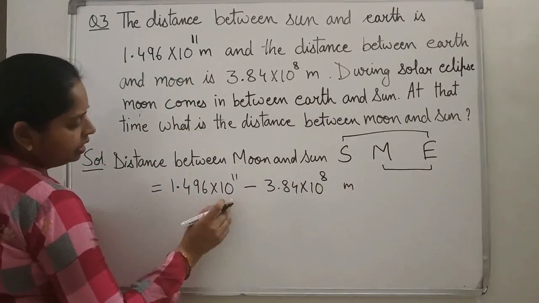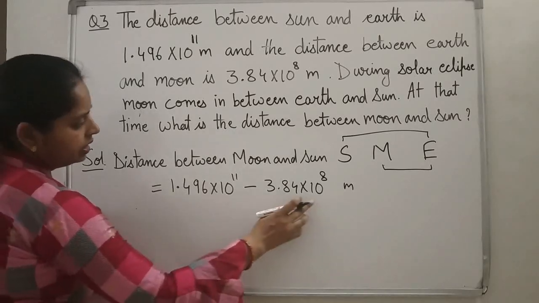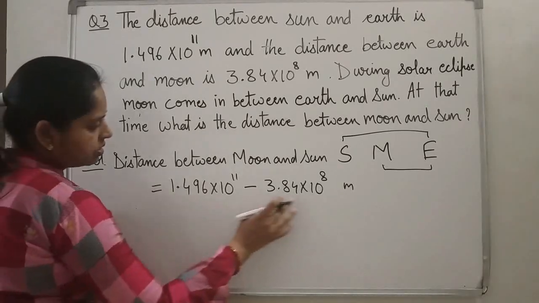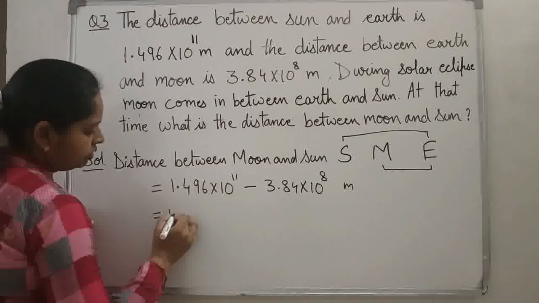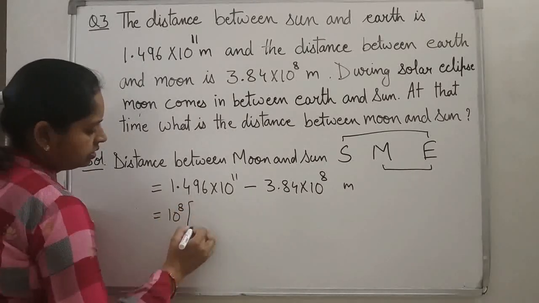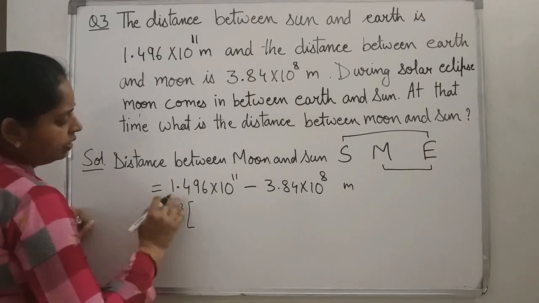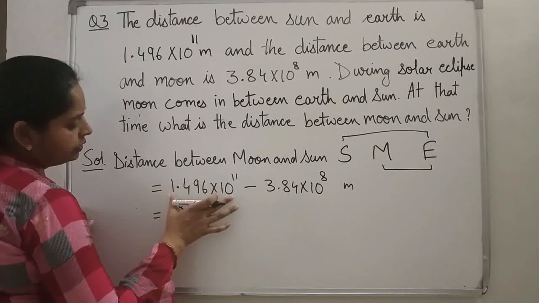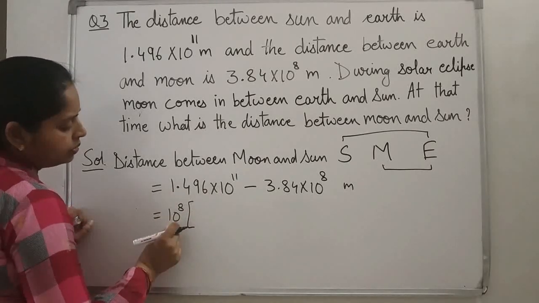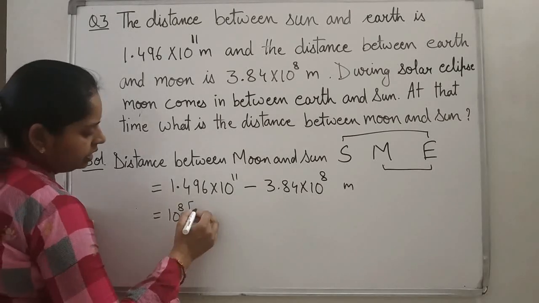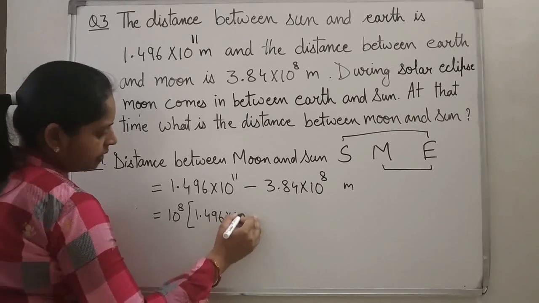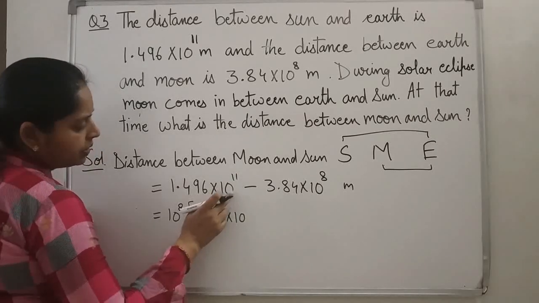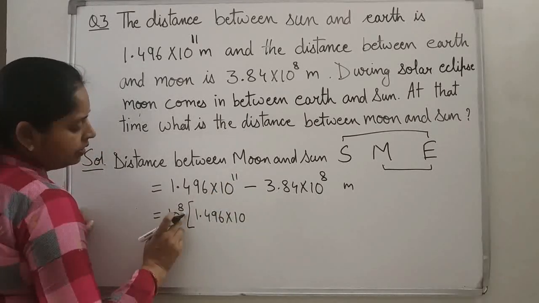Now you can see here is 10 to the power 11 and here is 10 to the power 8. Which is the smaller power? Obviously 10 to the power 8. So we can take out 10 to the power 8 as common, right? So what is left? From the first term, if we have taken out 10 to the power 8, it is left with 1.496 into 10 to the power 3, because it was 10 to the power 11 and 10 to the power 8 is outside.